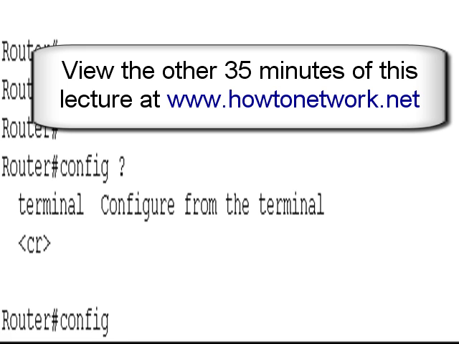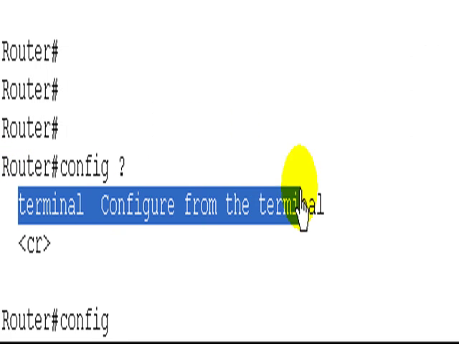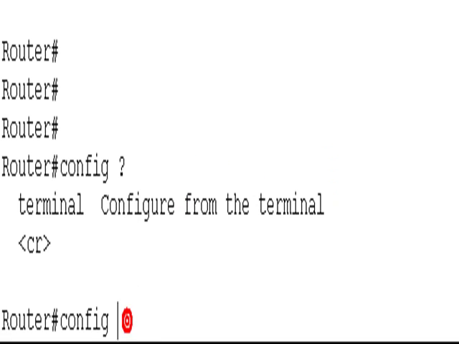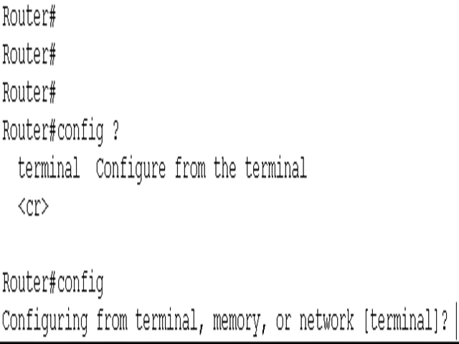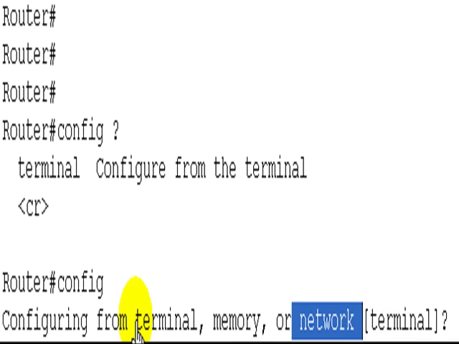Well, the only one available we can see at the moment is config terminal, which basically means configure this terminal session, so we can configure the router. Now if I type config and just press enter, the router will say, well, which one is it? Do you want to configure from terminal? Do you want to configure the memory or network? Really, the only thing you'll ever use is config T.